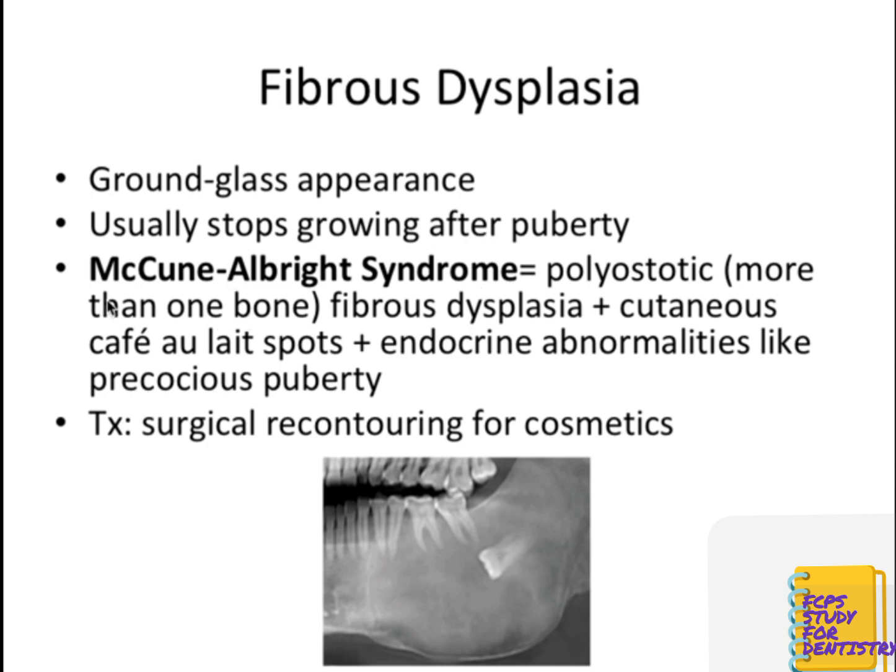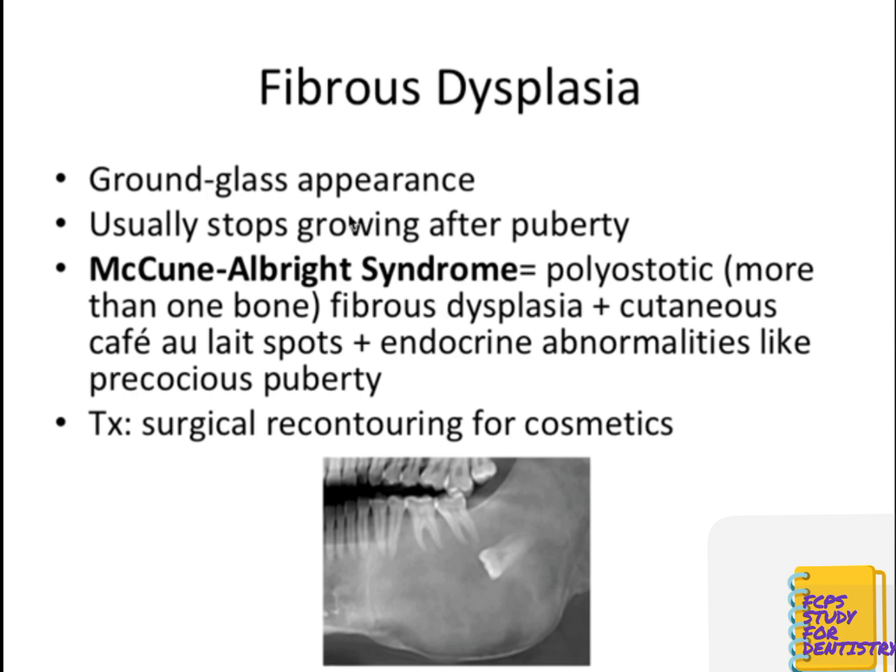This is McCune-Albright syndrome, and it has a polyostotic, which means it affects more than one bone, fibrous dysplasia, plus cutaneous café au lait spots, which are basically a certain type of freckles, plus endocrine abnormalities like precocious puberty, occurring a little earlier.